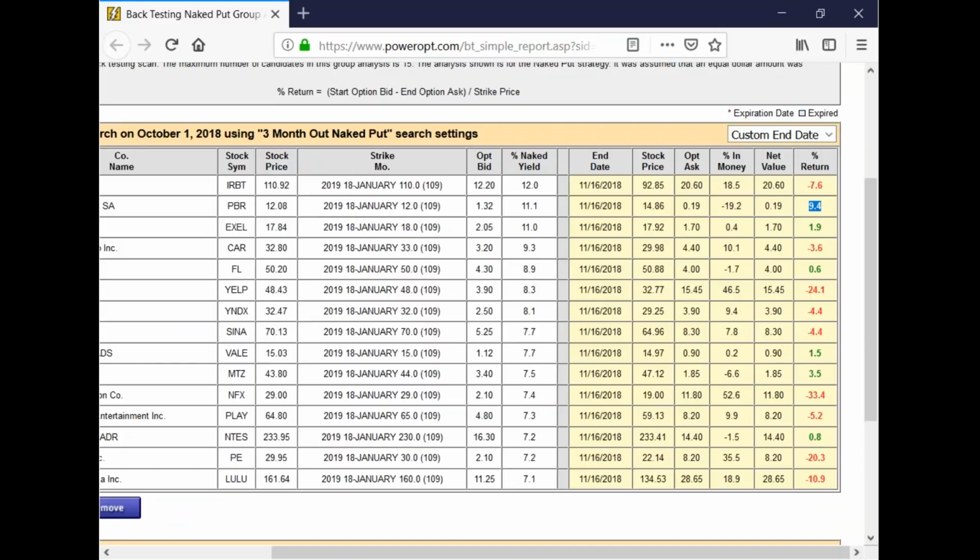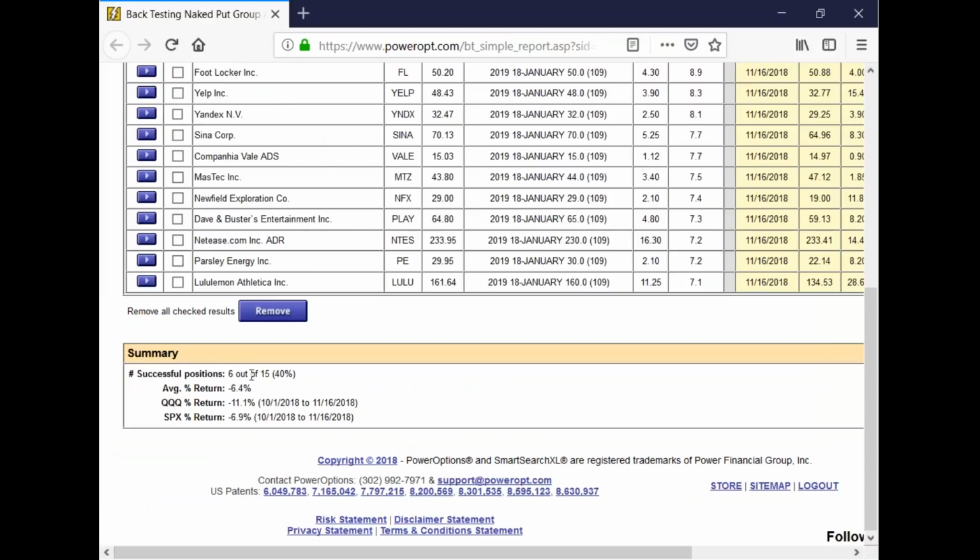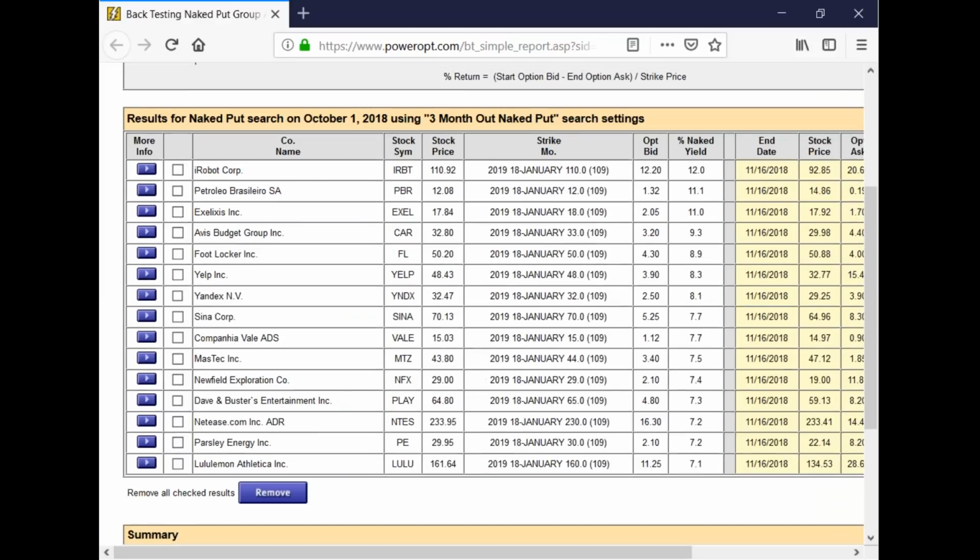That's the closest one. Okay, so down here we can see just after the first month, we're 6 out of 15, 40% profitability, not bad. An average return of 6.4%, where SPX was down 6.9 and the Qs were down 11. I'm just using this as an illustration, okay?